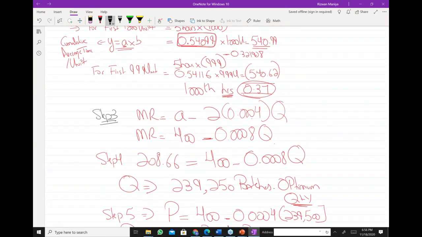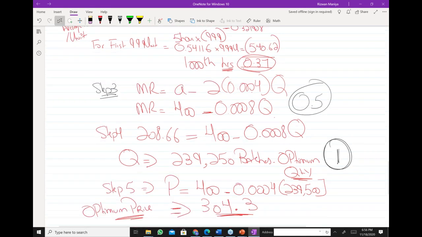You will be getting 0.5 marks for MR equation. You will be getting 1 mark for optimum quantity, telling you the marking scheme. So this makes 7.5, 8, 9, total 9 marks. Now you're left with 3 marks, right?